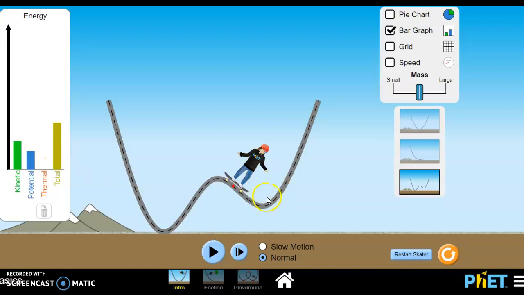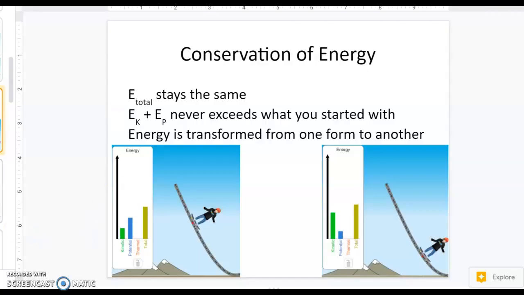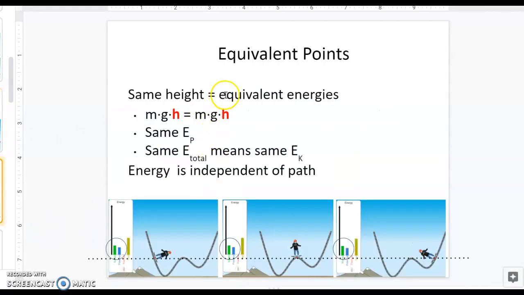They still have certain amounts of them, but they're continually going up and down as they move along this track. When they get to the same height, though, that's when we say that their energies are equivalent. Because when you are at the same height, you have the same amount of potential energy. But if you have the same amount of potential energy and the total energy remains the same, you really have the same amount of kinetic energy.